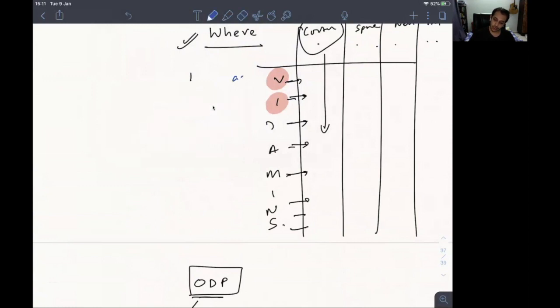So your vascular and your inflammation. By vascular, I mean your stroke, and inflammation and infections. So even your autoimmune. So these are likely to be acute.